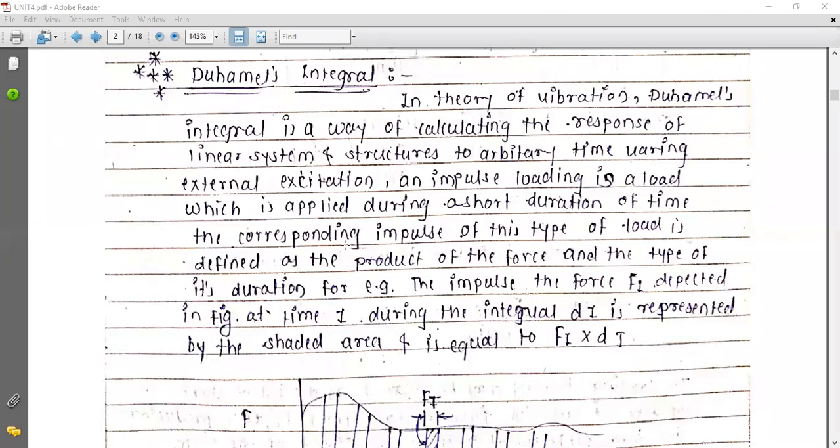and structures to arbitrary time varying external excitation or impulse loading.